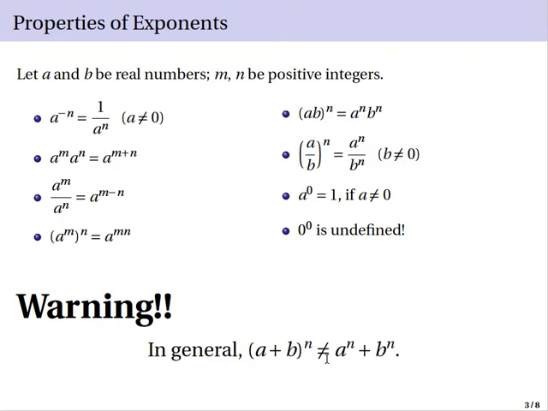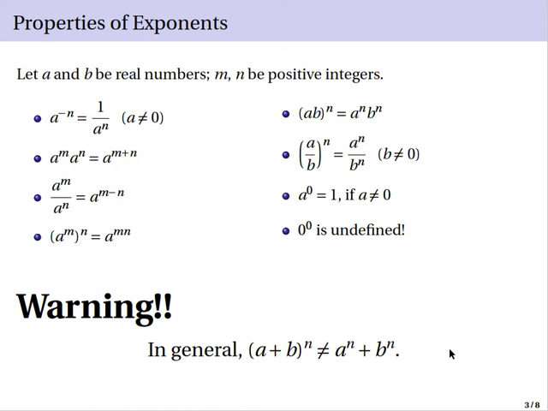This is not always equal to a to the n plus b to the n. Meaning, you cannot just distribute the exponent over the sum of a and b. So there is no distribution of exponent over the sum of numbers. Okay?